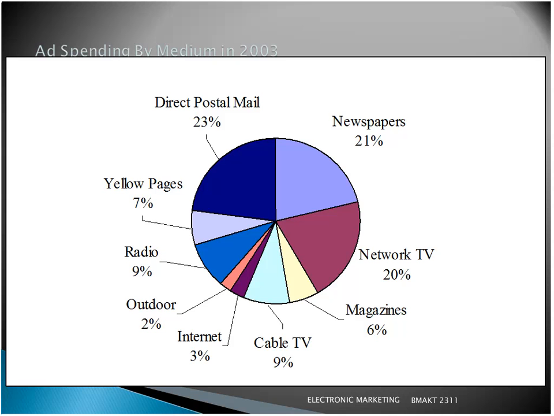Yellow pages 7%, radio 9%, outdoor or banners, all those things 2%, internet 3%, cable TV 9%, magazine 6%, network TV or global TV is going to be 20%, and newspapers 21%. So you can see the share of different type of media in doing advertisement in 2003.